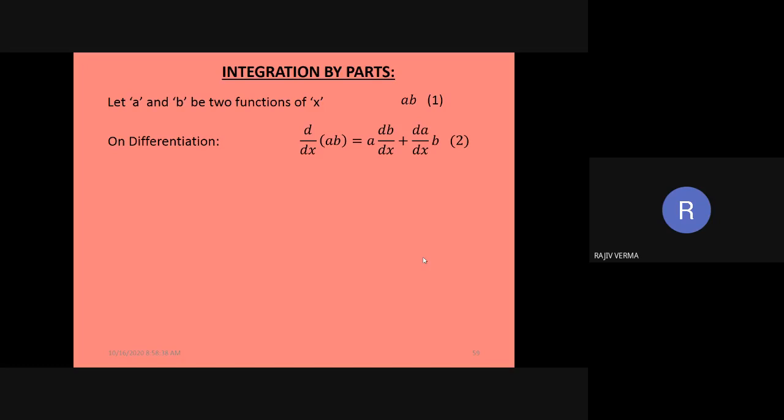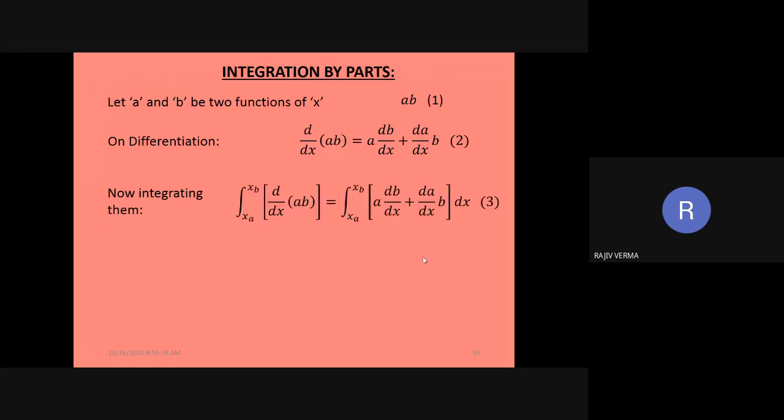As a result, we get equation number 2. Now in the next step, we are going to integrate equation number 2. So this is what we get. We have an integration on the left and an integration on the right, and in both integrations there is a limit from xa to xb.